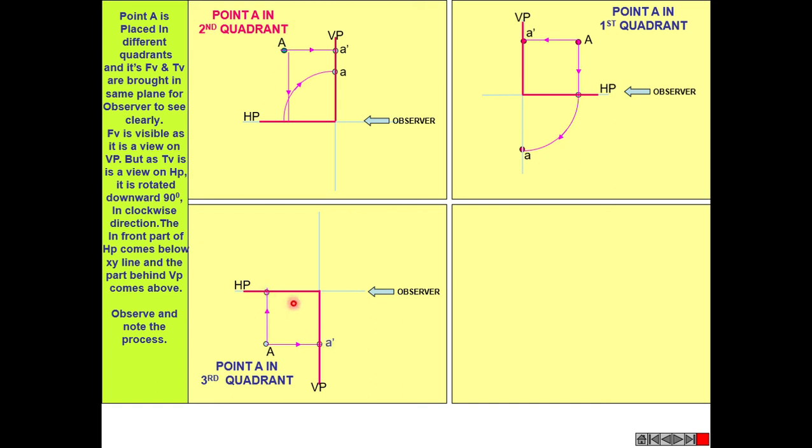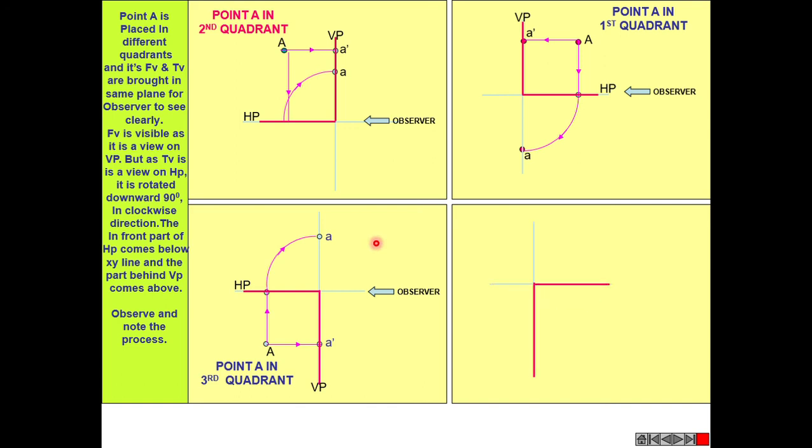And in order to convert this 3D system into 2D, we are rotating the horizontal plane by 90 degrees. So this horizontal plane will go by this 90 degrees. So the front view will come here and the top view will go up. So with respect to XY in a third quadrant system, the front view is always below the XY line, and the top view is always above the XY line.